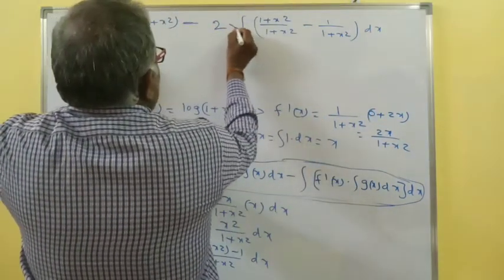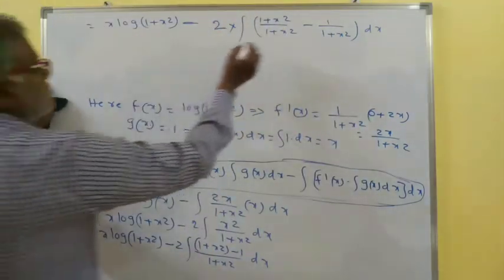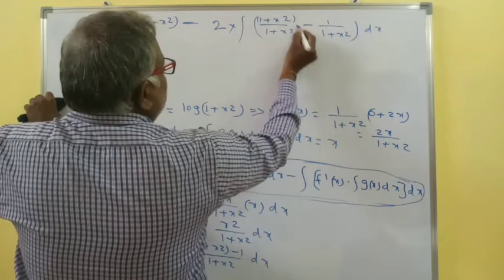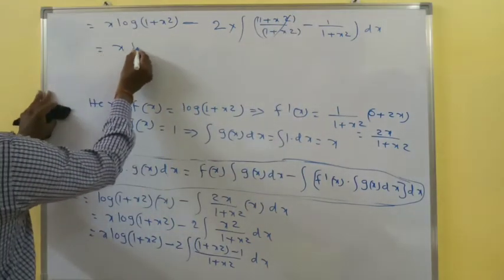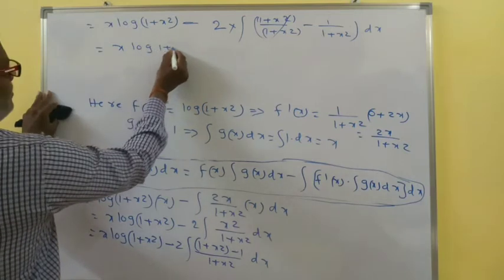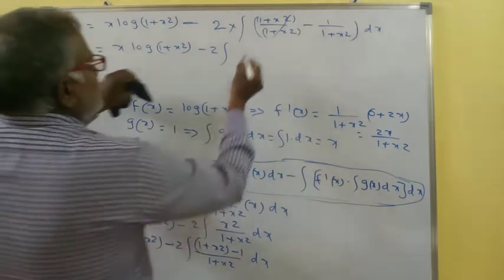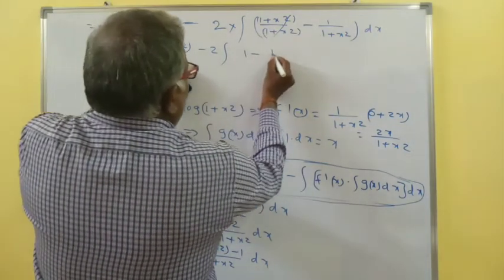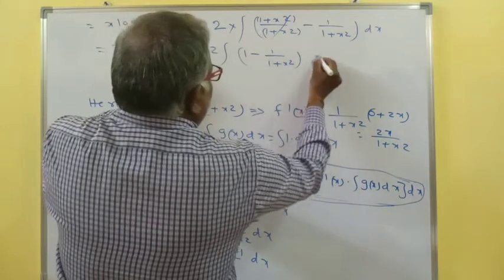If you observe, this will get cancelled. So x into log of 1 plus x square minus 2 into the integral of 1 minus 1 by 1 plus x square dx.